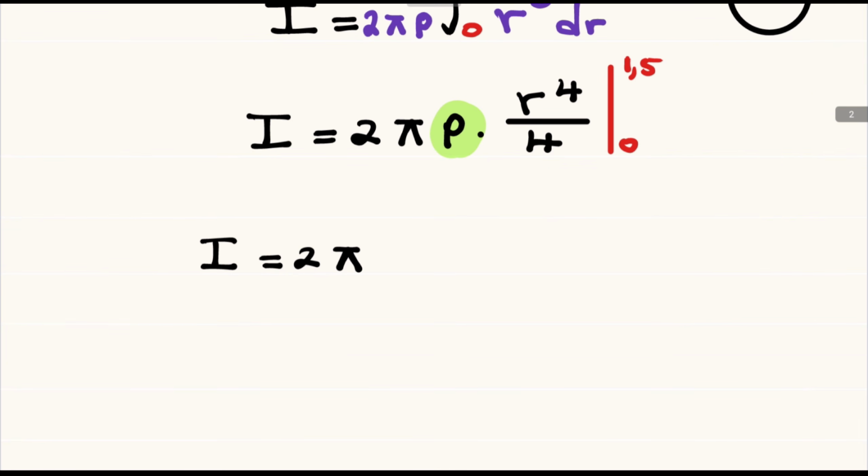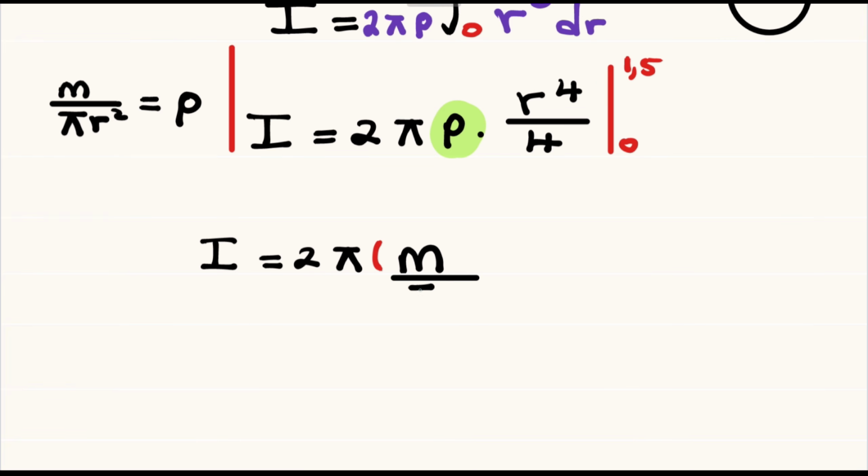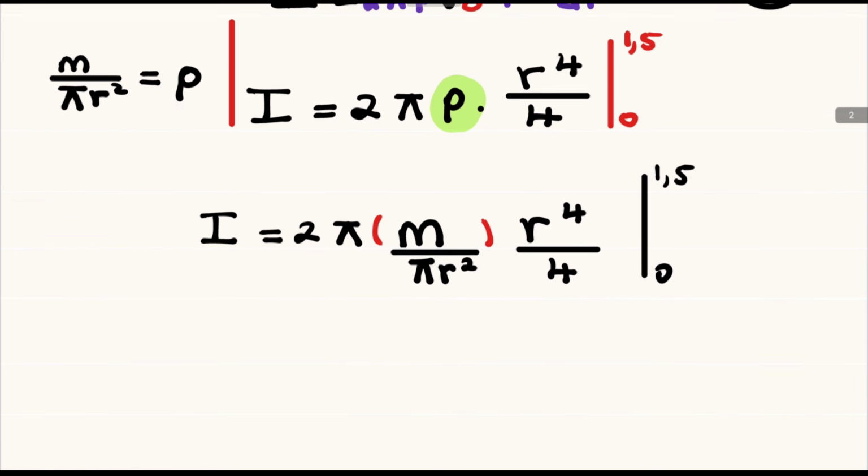So in the place of the density, we are going to substitute the m divided by pi r squared, and we were given the m as equal to 50 kg. So we multiply this by the r to the power 4 divided by 4, and our boundaries are from 0 to 1,5.